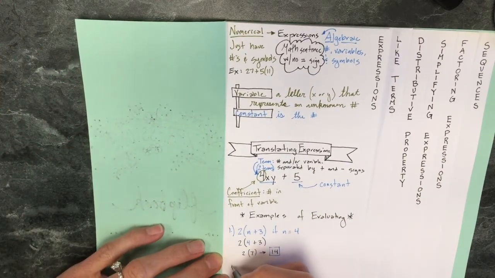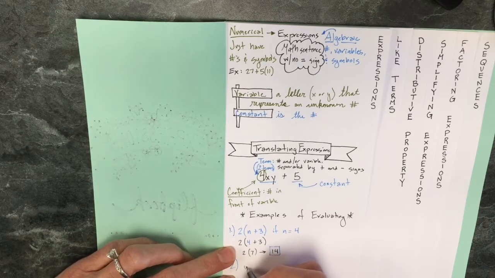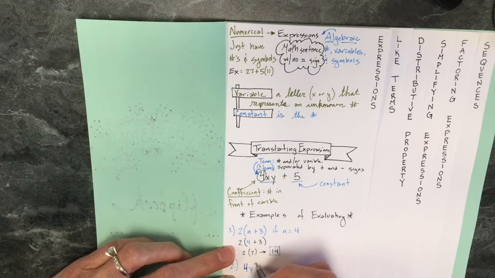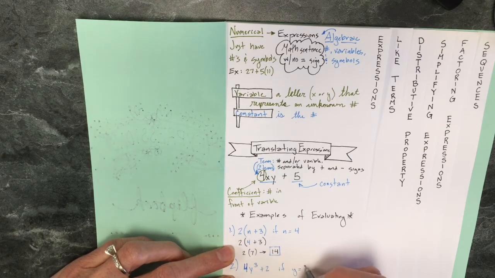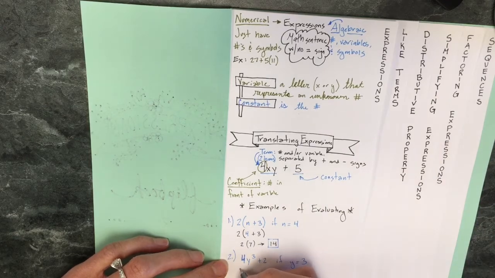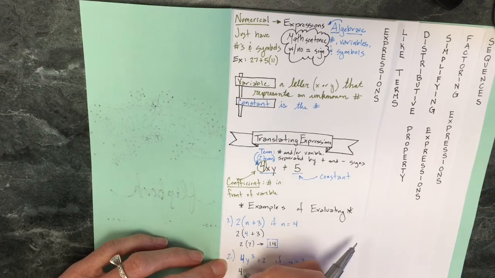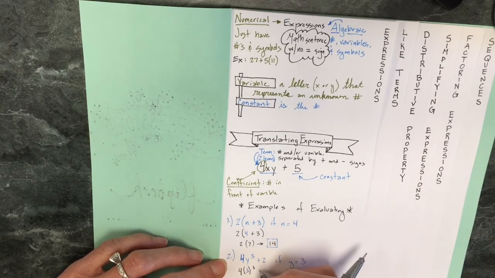Here's another example though. Let's try 4y to the 3rd power plus 2 if y equals 3. So I'm going to take my y equals 3 and plug it in for y. So 4 times 3 to the 3rd power plus 2.